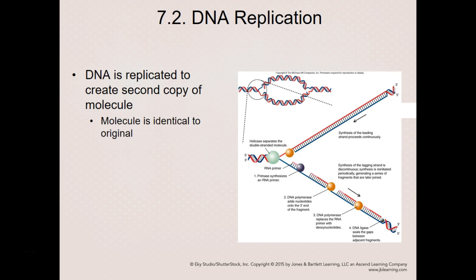The RNA primer will also only bind to the 3' end of the DNA. So when we unbind our DNA, one of those strands is going to be 5 to 3, and one of those strands is going to be 3 to 5. And so the RNA primer is going to be produced on the 3' end of each side.